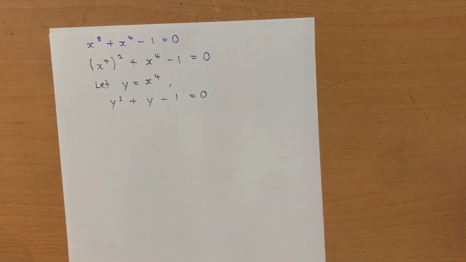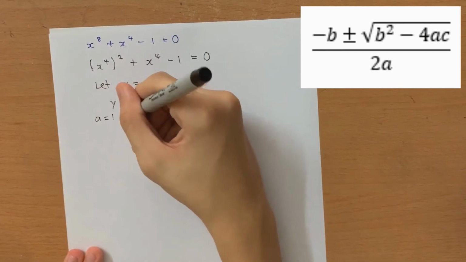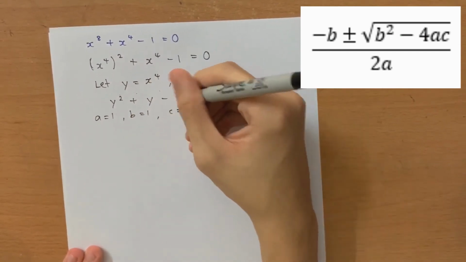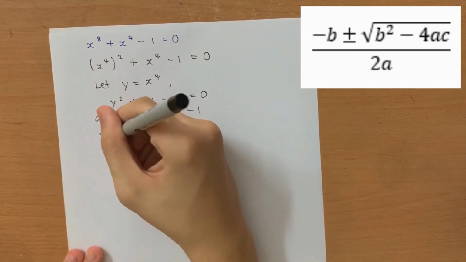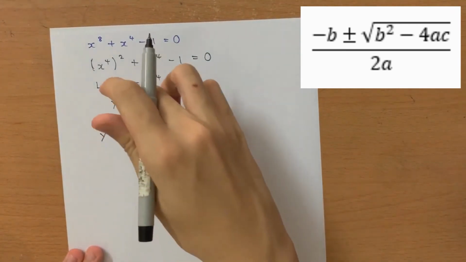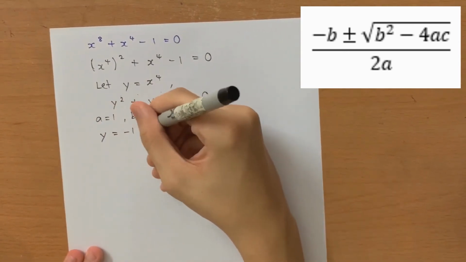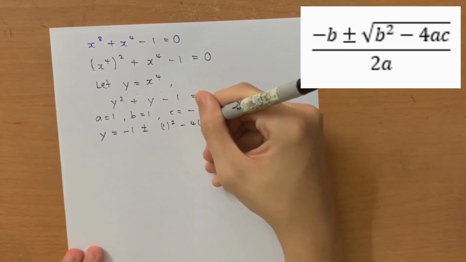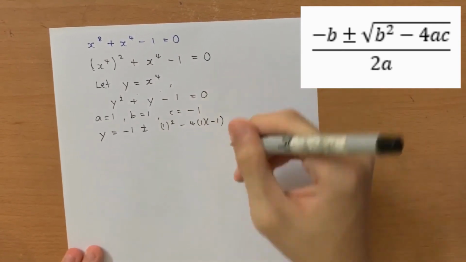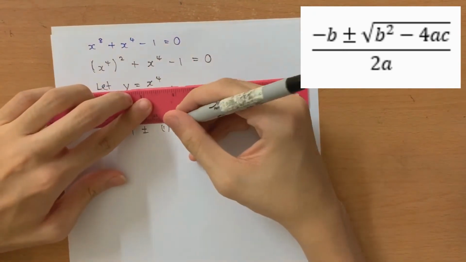I think we can't factorize it, so let's use the quadratic formula. So a is equal to 1, b is equal to 1, c is equal to negative 1. Instead of x, we now have y, because we are solving for y in this quadratic equation. Negative b, negative 1, plus minus the square root of b squared, 1 squared, minus 4 times a times c, 4 times 1 times negative 1.